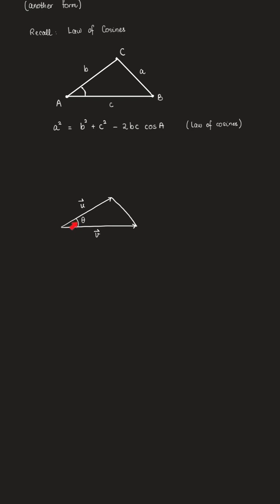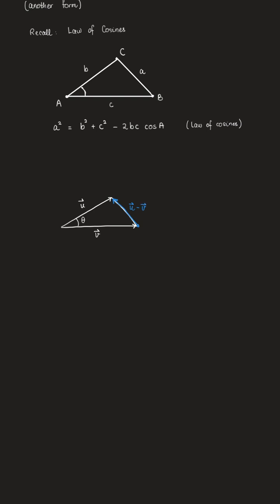And we're going to call the angle between the two vectors angle theta. Now notice that the opposite side can be represented as a vector if I draw it in this direction. So the tail of the vector is here, the head of the vector coincides with the head of vector u, and you might remember from our parallelogram rule that this will actually be vector u minus vector v.